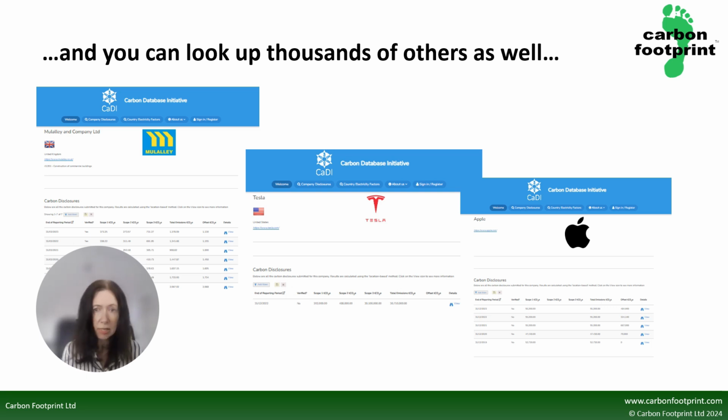There are already thousands of businesses on there. And also you can look up country emissions, and just available right now are products and materials. So CADI really is that turnkey solution to finding out the emissions of all these different things.